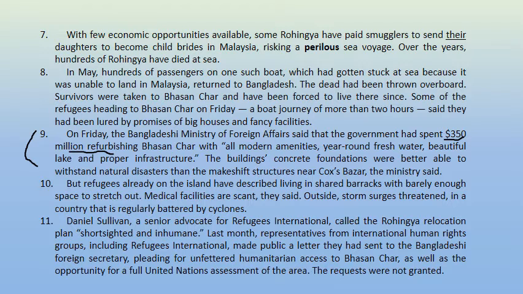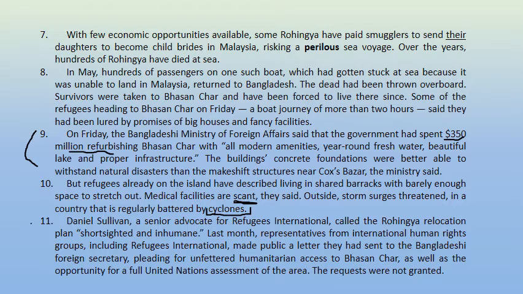But refugees already on the island have described living in shared barracks with barely enough space to stretch out. Medical facilities are scant, meaning inadequate, in small amounts. Outside, storm surges threatened in a country that is regularly battered by cyclones, and as I said, cyclones are natural disasters, severe tropical storms.